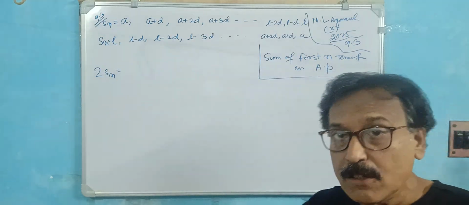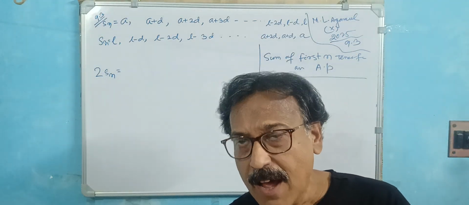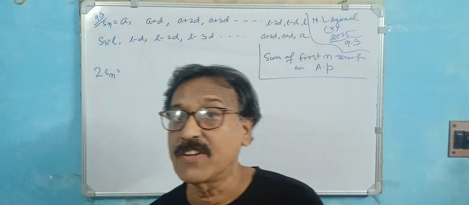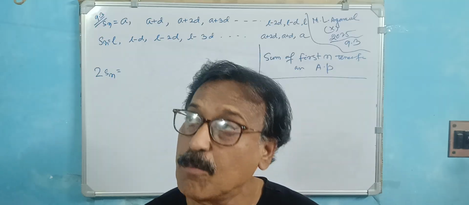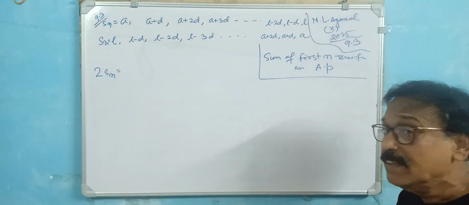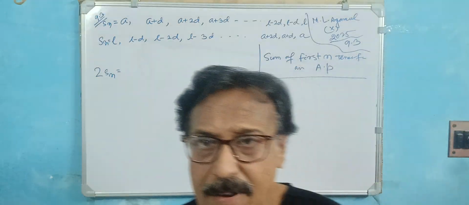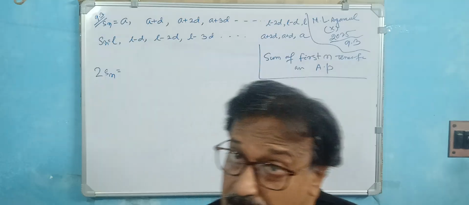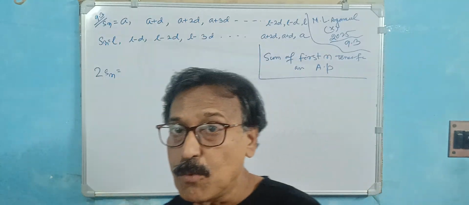Don't panic about how the formula comes. The formula is to be remembered, but the deduction is very important. If you understand deeply, any problem in any book will be calculated easily. The concept must be clear, in which way the formula comes.